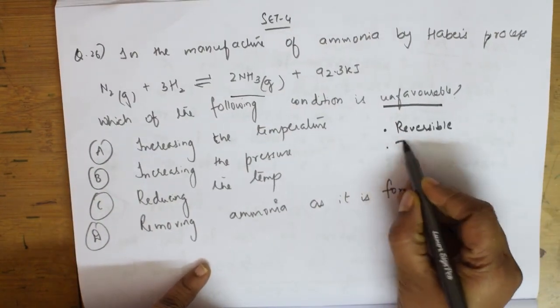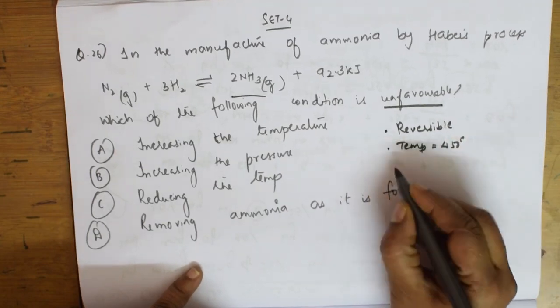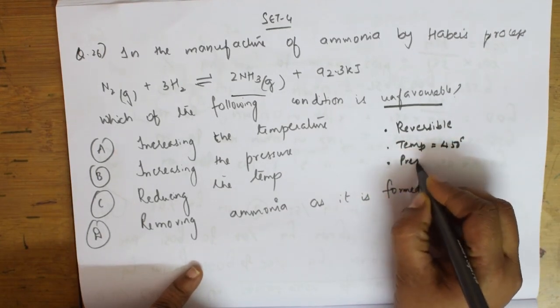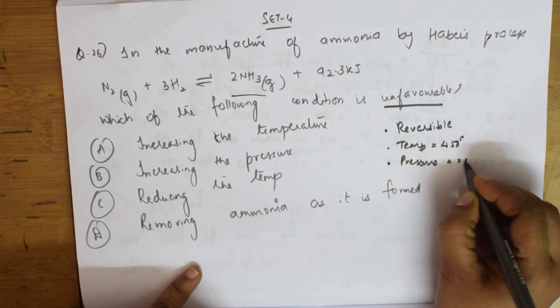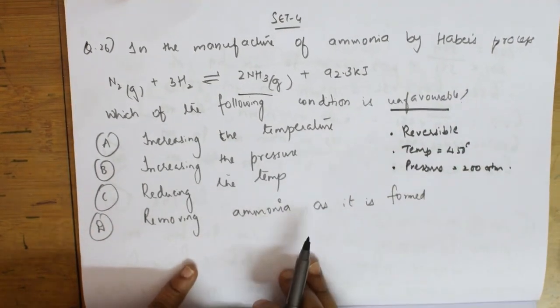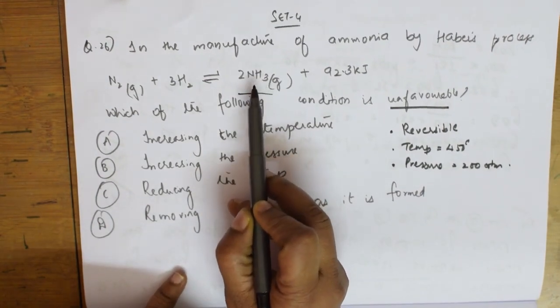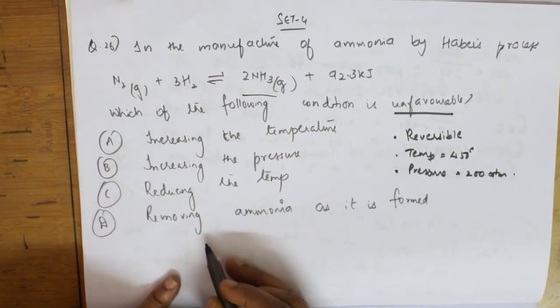Basically in Haber's process, the temperature which we require is 450 degrees centigrade. How much would be the pressure? The pressure which we require is 200 atmospheres. Now, according to Le-Chatelier's principle, if I have to get more of the product, the temperature should be low. Most important thing, remember this.